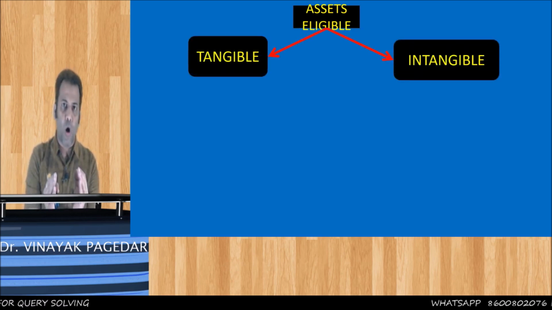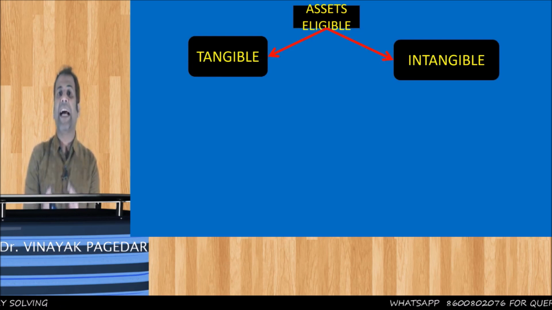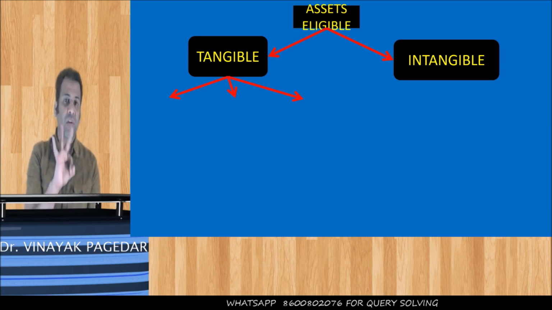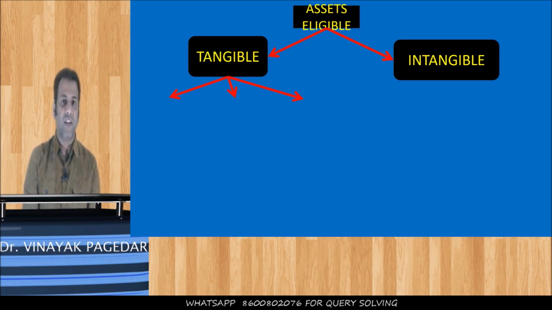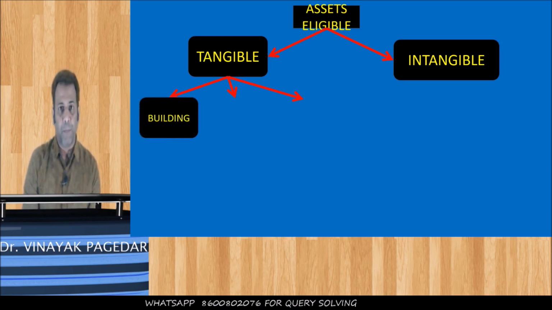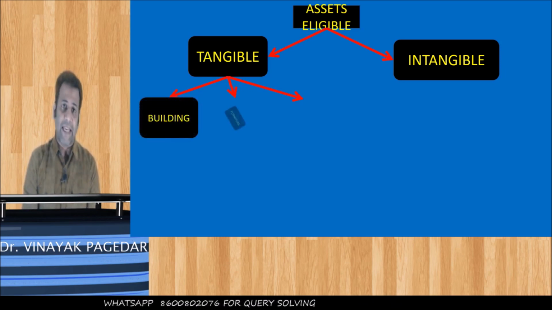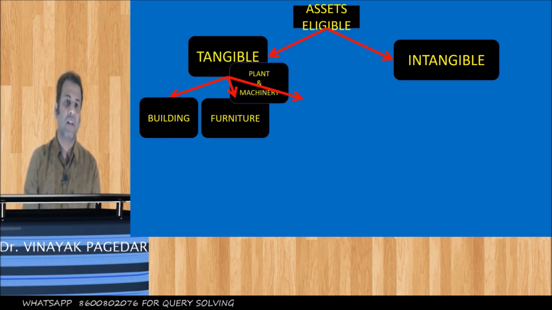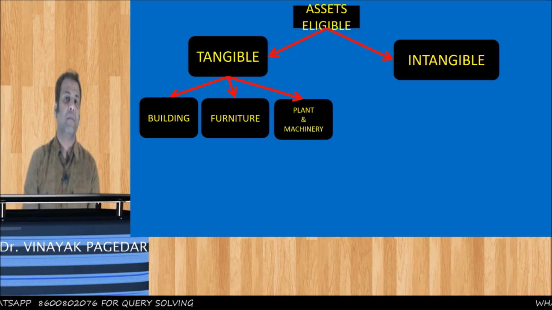So when we block, we have to look into whether the assets are tangible or intangible. When you analyze the tangible category, there are three possibilities. The first block is building. The second, furniture and fittings. And the third is plant and machinery.